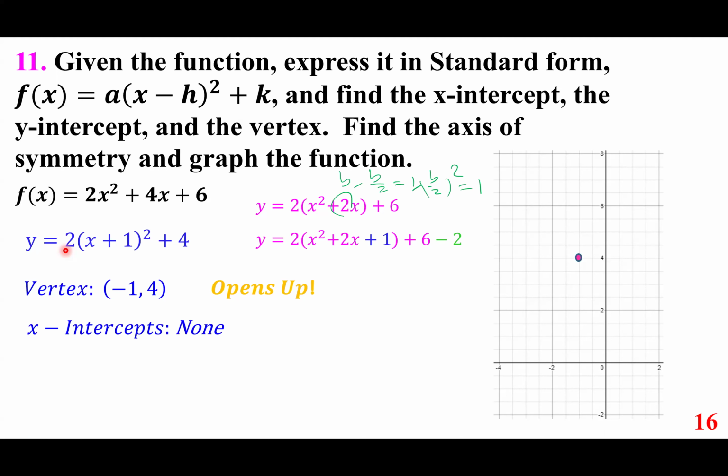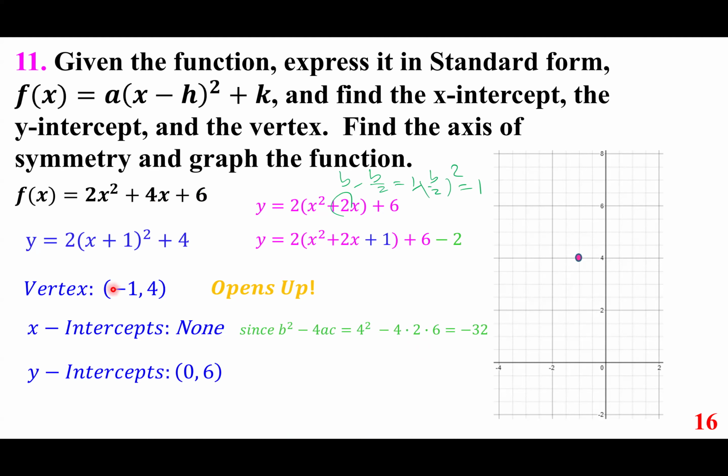How do we know that? If you calculate b squared minus 4ac, which is 4 squared minus 4 times 2 times 6, it becomes negative. There is no x-intercept if there is no real solution, okay? Zeros or roots or x-intercepts in this case correspond to real solutions. And so x-intercepts, there is none. Y-intercept is 0, 6.